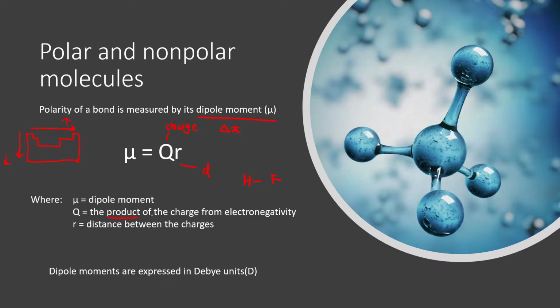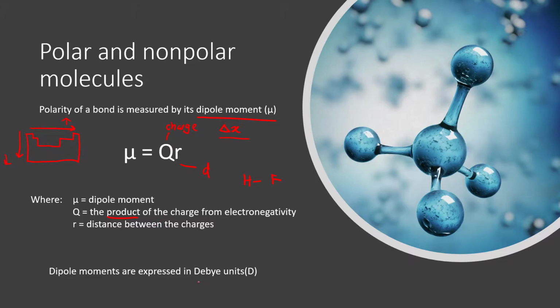Sebab dia tengok it is the product of the charge from electronegativity, and R is the distance. So dipole moment most of the time akan governed by electronegativity difference. Dipaham kan? I buat tiga segi ni means difference, and X is the symbol for electronegativity. Boleh tak? Boleh. Okay, good. Because kalau distance between two molecules most of the time at this scale is around the same.